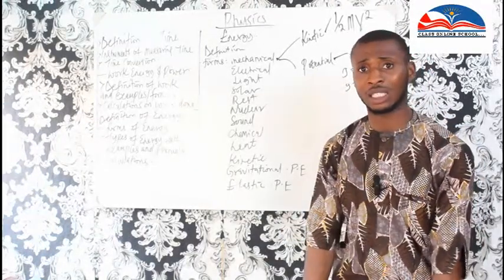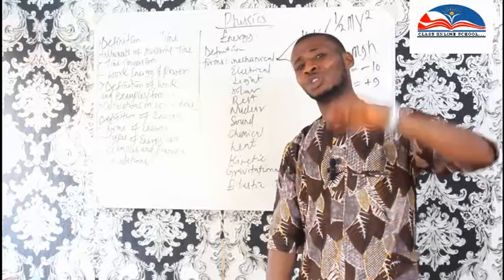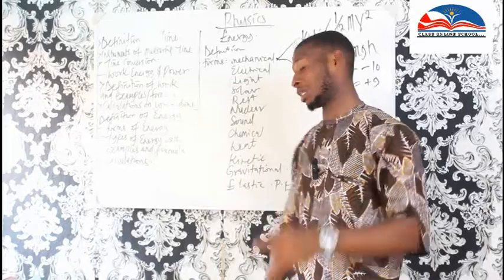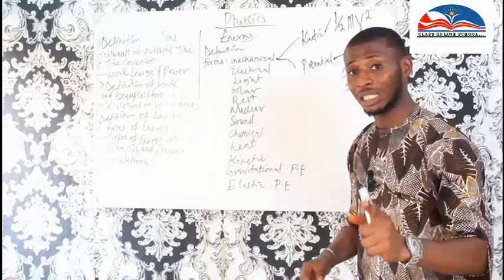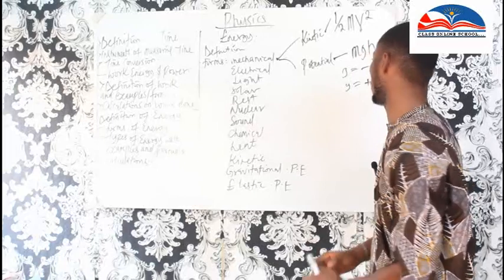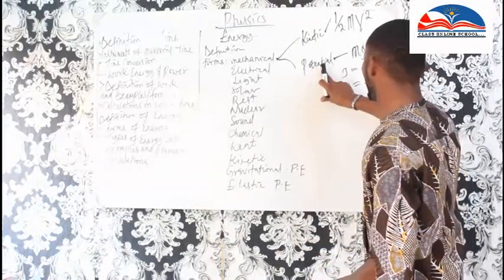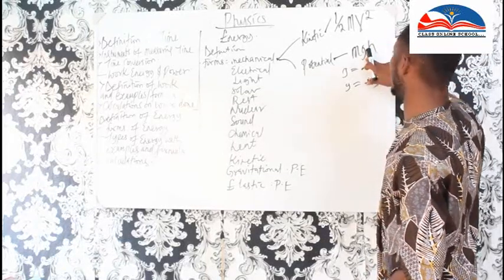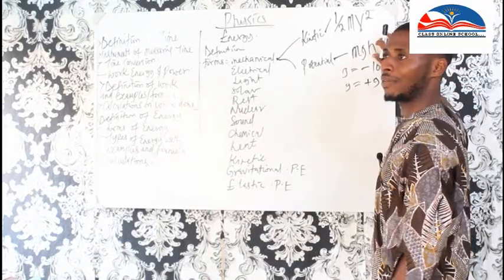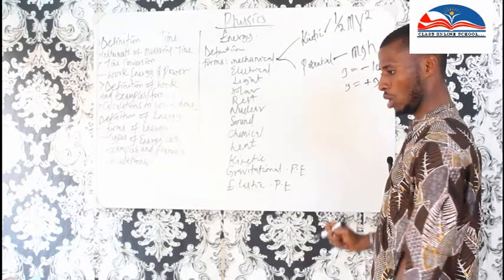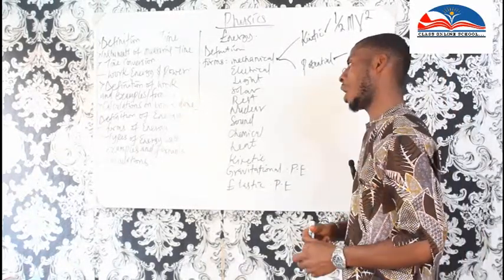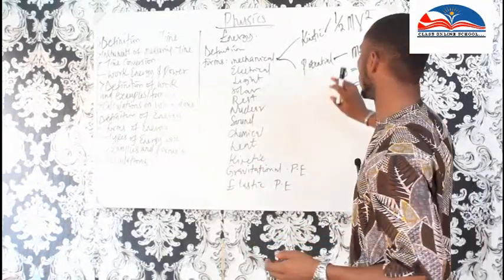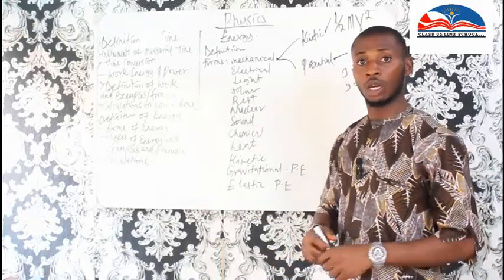Remember, a body at rest is said to exhibit uniform acceleration. Mass times acceleration due to gravity times height. If you don't have height, you may have distance. Hope you are following. Okay, now we are going to talk about calculations on these types of energy. Let us move further.